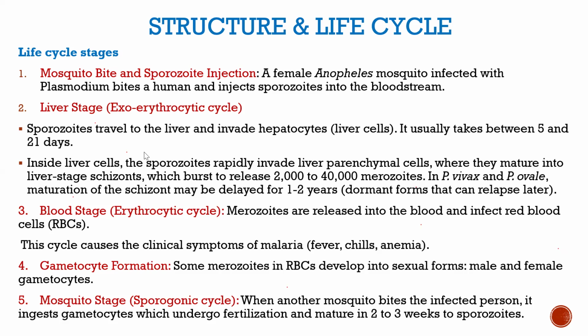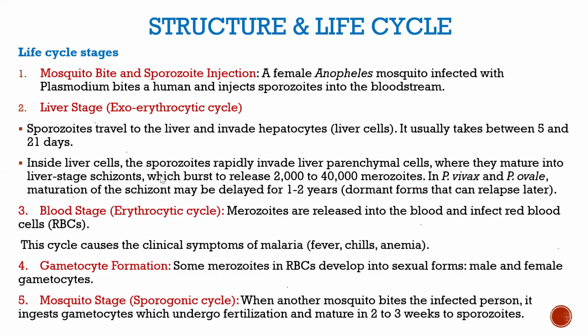So this is what is happening inside the liver, from the biting site the sporozoites travel immediately to the liver, infect the liver cells, mature, then release the liver stage schizonts or the merozoites.